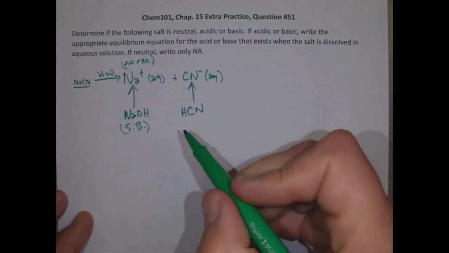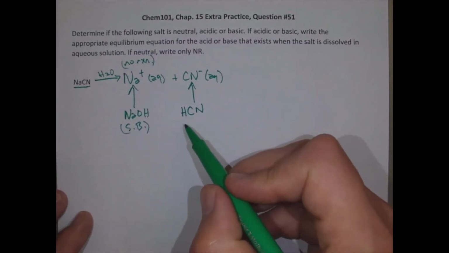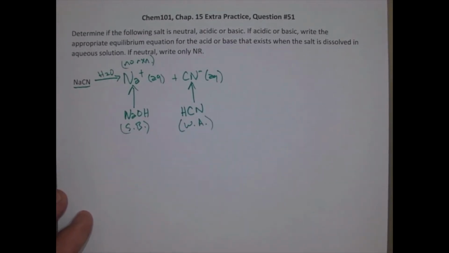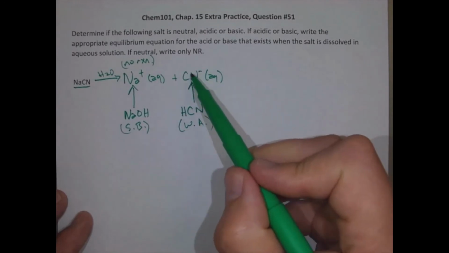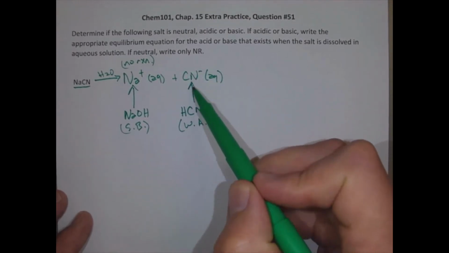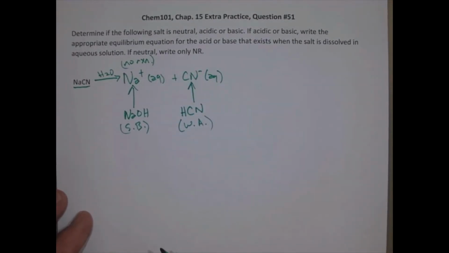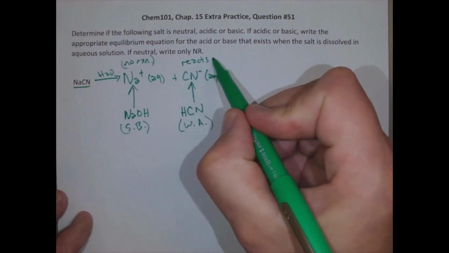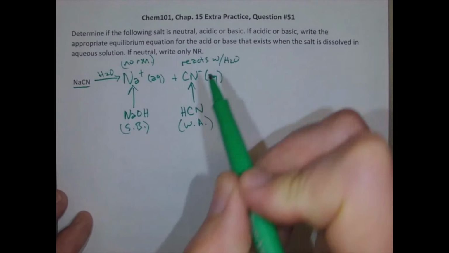Well, is that on my list of strong acids? Nope, it's not. So that means that it is a weak acid. And so any ion that's related to a weak acid or a weak base will go on to react with the water. So this one reacts with the water.